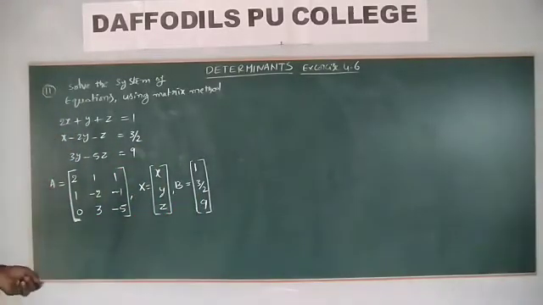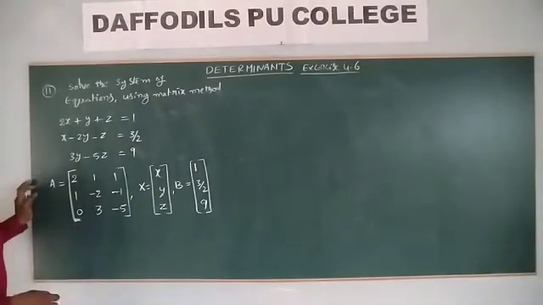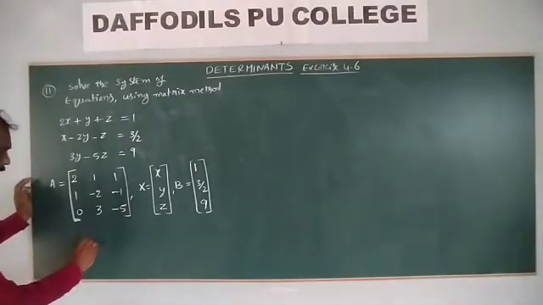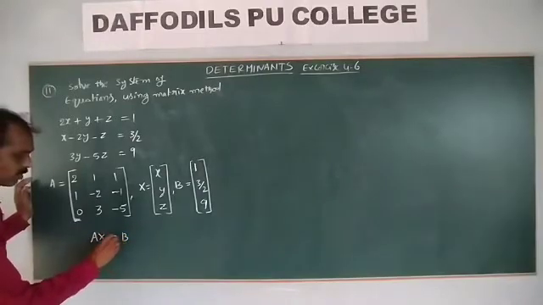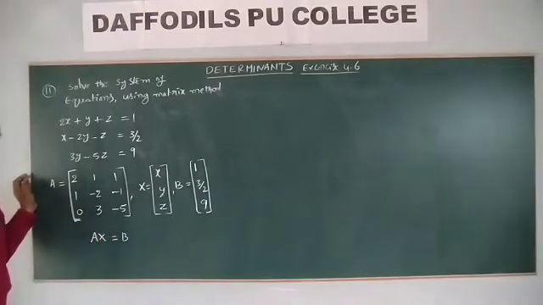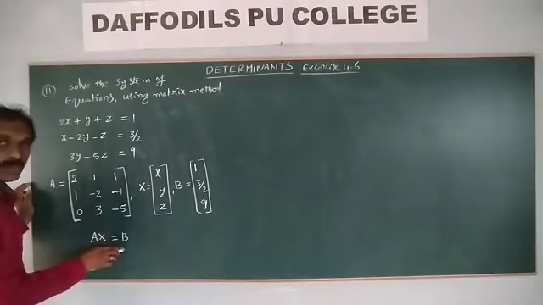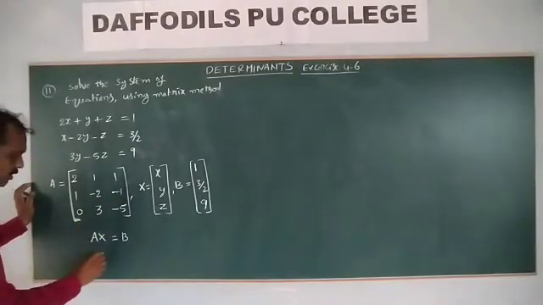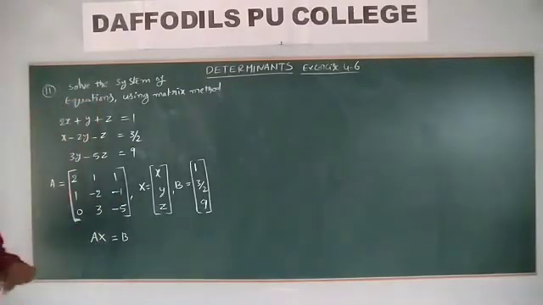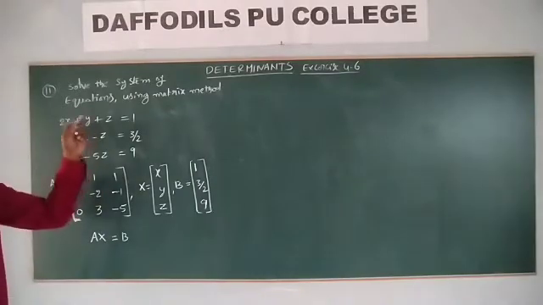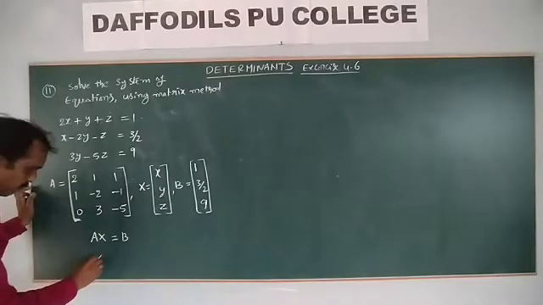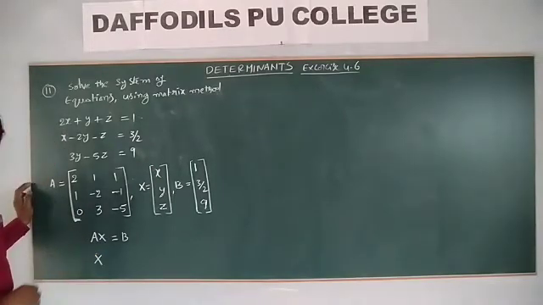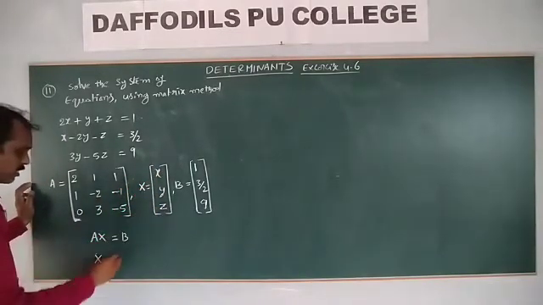These equations can be written as AX is equal to B. Solve means find the variable values x, y, z.